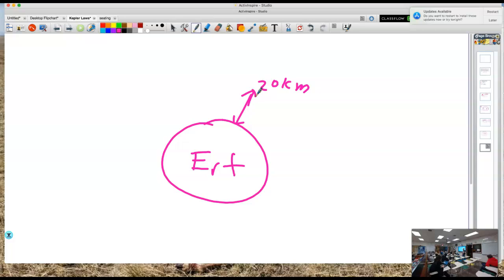Anything 13 miles up? How many feet is that? That'd be 5,000 something. 5,280 times 13. About 65,000 feet.